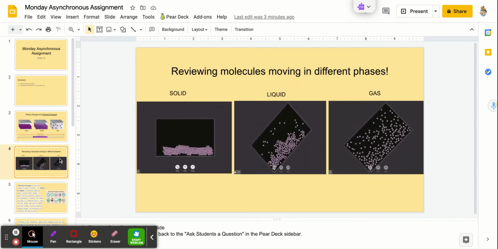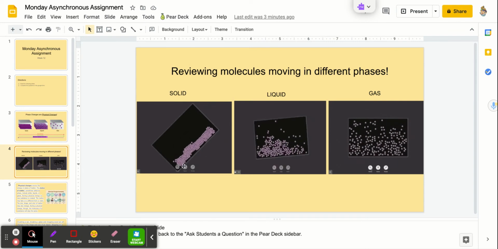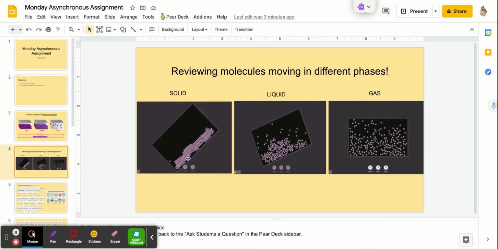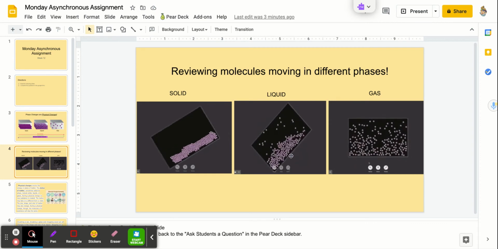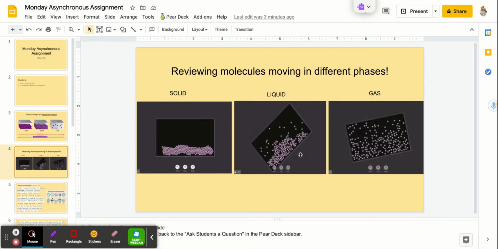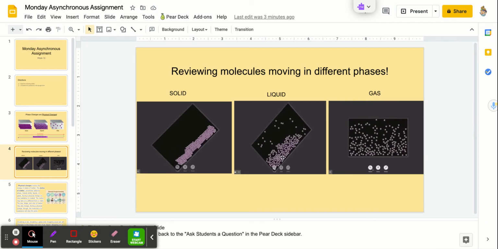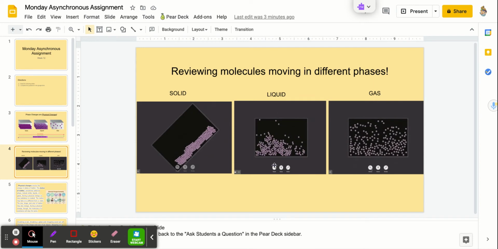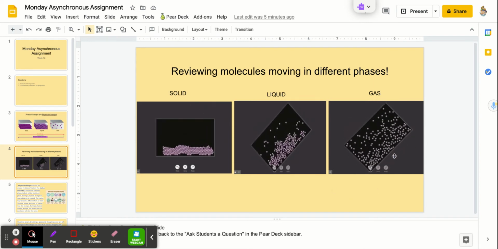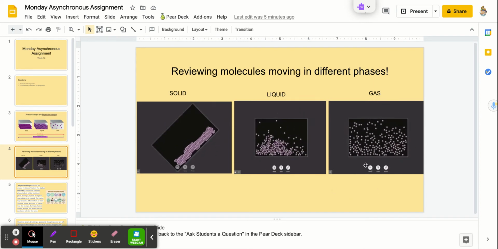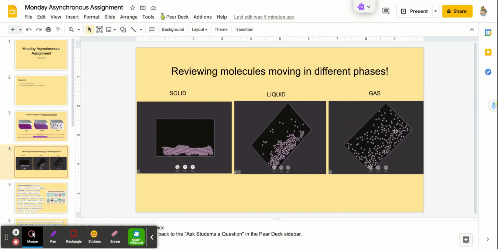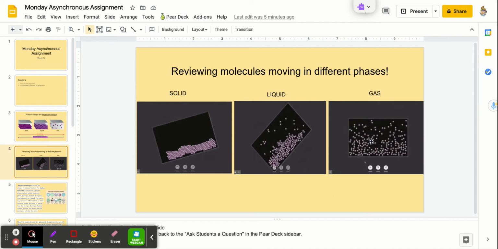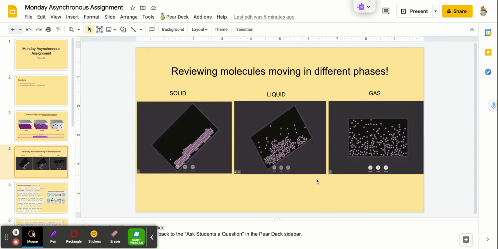Okay, so we want to remember again, these molecules' motion is connected to the phase that they're in. So in the solid phase, as you can see, they're all together. They kind of hold their shape. Liquid, they're moving a little bit more, but they still kind of stick towards the bottom here. So they take the shape of the container. So that's in that liquid phase. And then in that gas phase, these molecules are moving a lot more as compared to the liquid, and they're all over the box here in the container, and they're just mostly floating around.